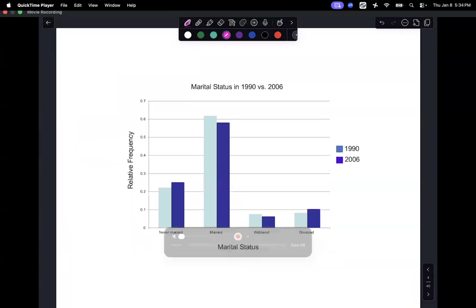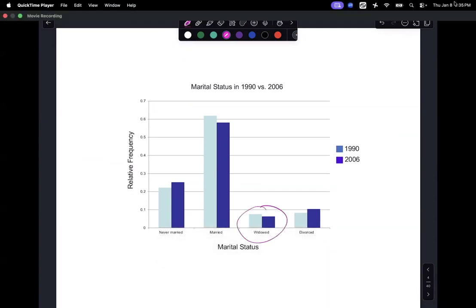As I mentioned with the widowed, take a look here. The percent in 2006 is lower. I like the side-by-side bar graphs, and many, many weeks from now, because we're just in week 1, when you do your final project, you're going to have 2 variables. A lot of people use side-by-side histograms, and it makes it very interesting.